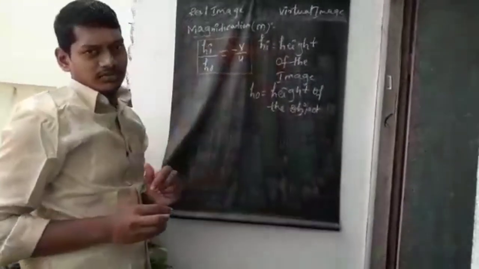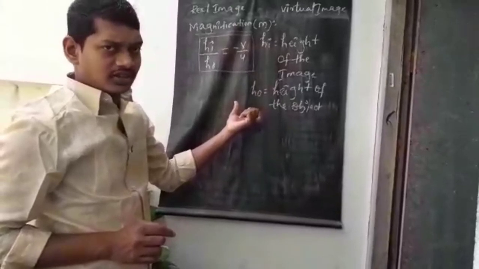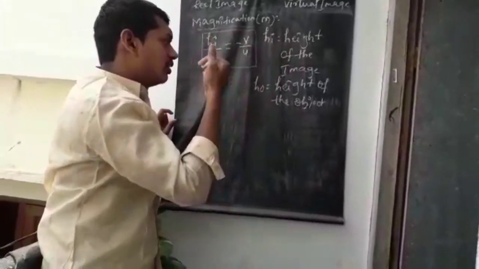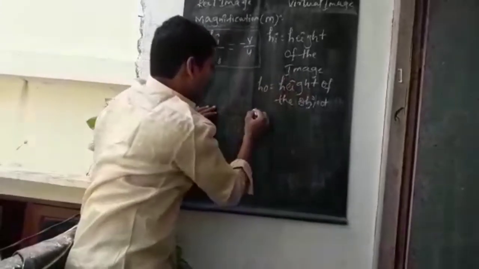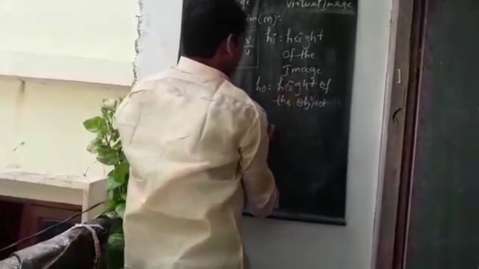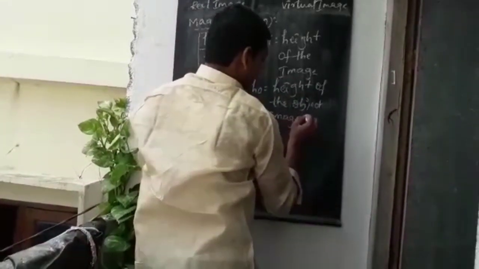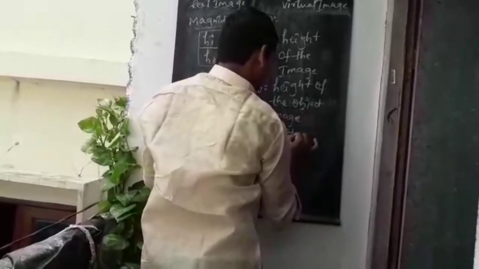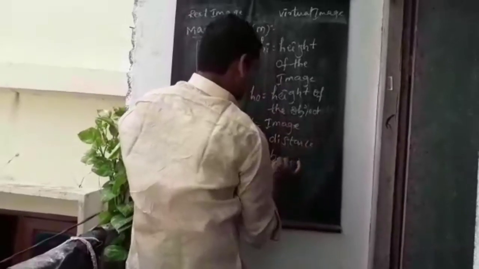V stands for image distance, and U stands for object distance.